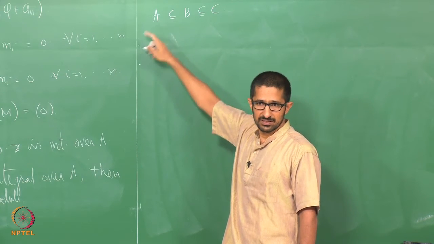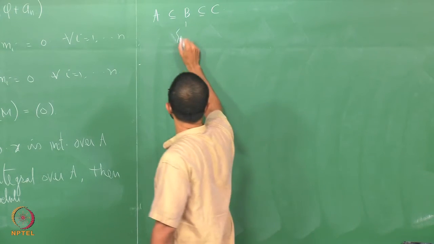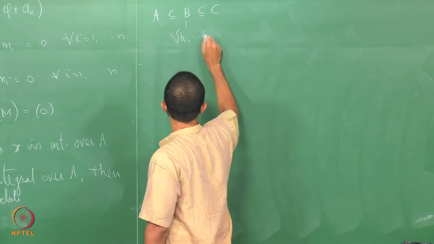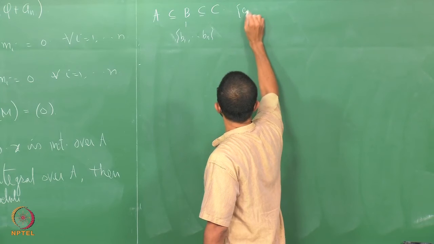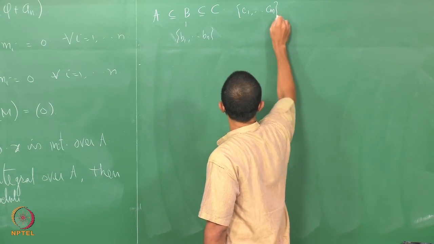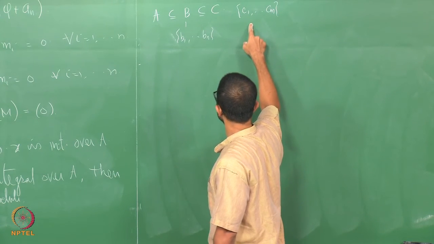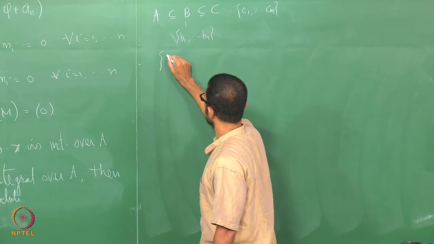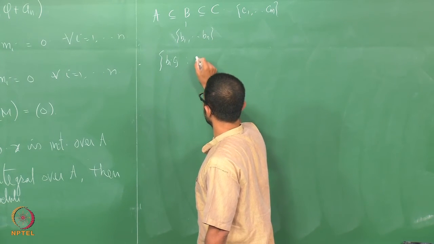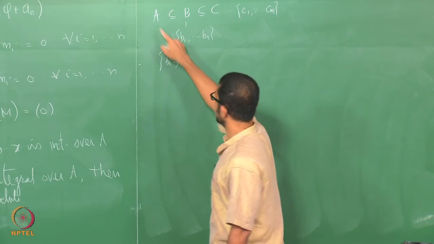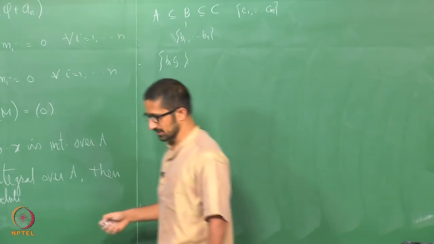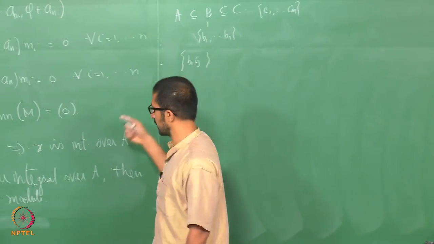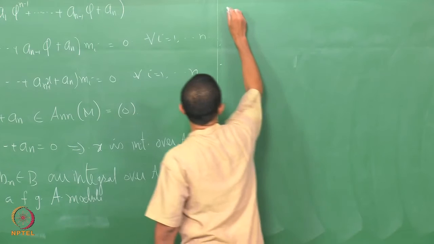Just take, if b1 up to bn is a generating set for B, and c1 up to cm is a B-generating set for C, then b_i c_j is an A-generating set for C. So, using this result one can prove that this is a finitely generated A-module.